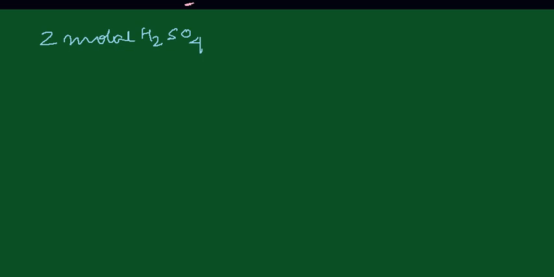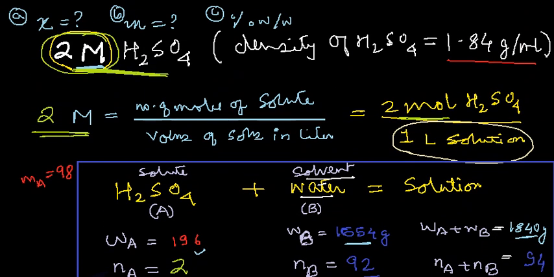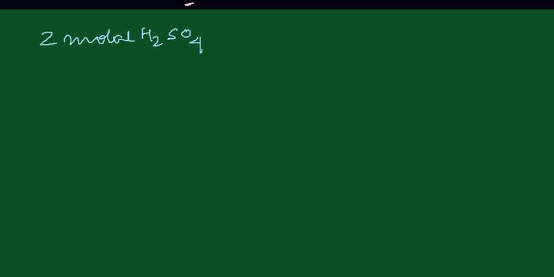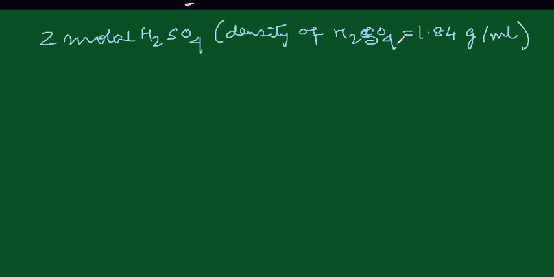Let's consider the same scenario, the density of sulfuric acid, which is equal to 1.84 gram per milliliter. And they are asking us to find the molarity, the mole fraction, the percentage by mass, the common concentration terms that we come across very often.